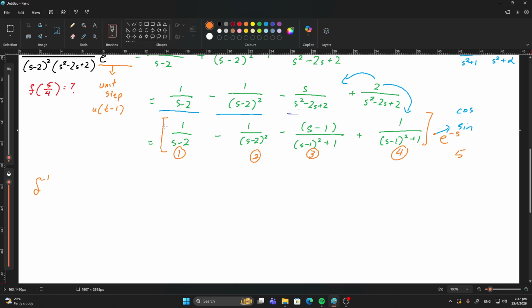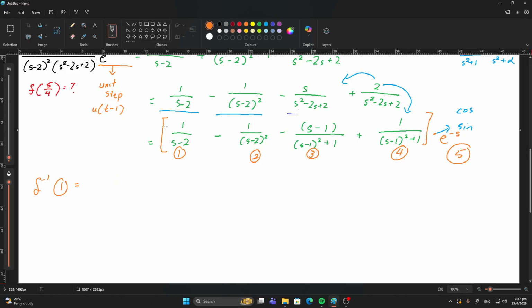So for Laplace inverse of term 1, I think it's pretty straightforward. We know that it's basically 1 over s, e to the power of 2t, and you know that this 1 over s becomes a constant, right?